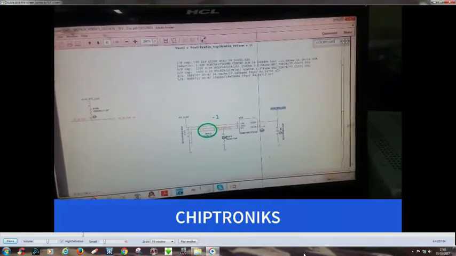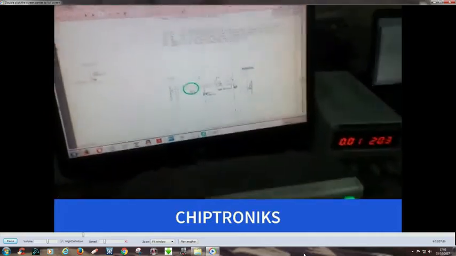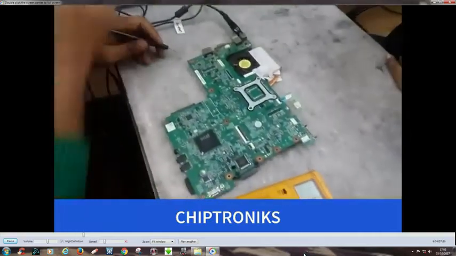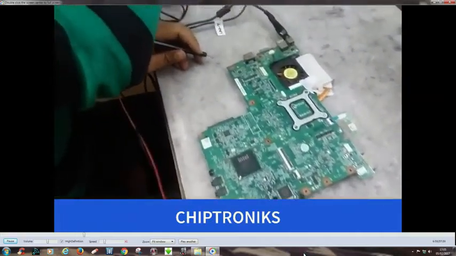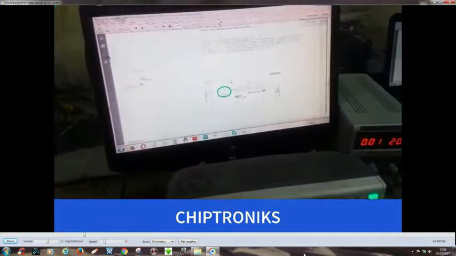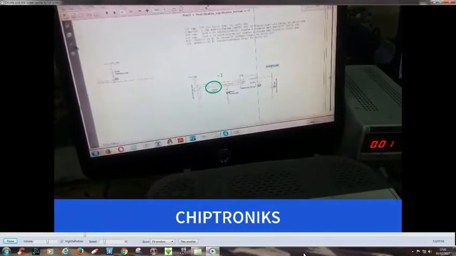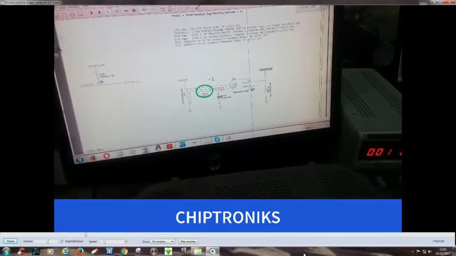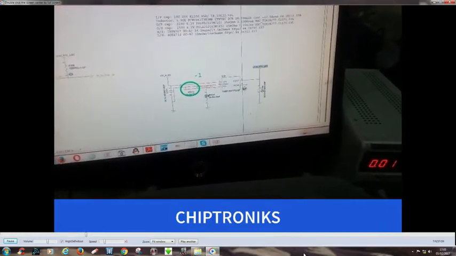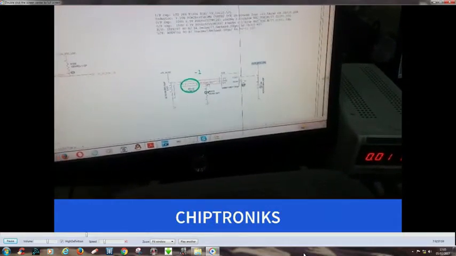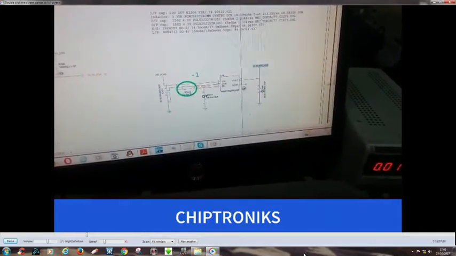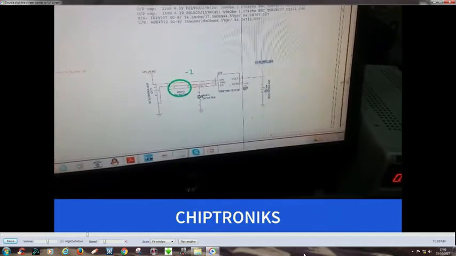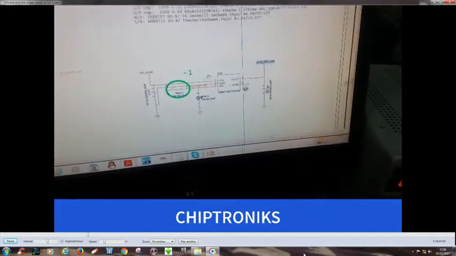So let's check this U19 IC. U19 is a 5-pin IC, and you can see the input is connected to plus 5 volt. So we have to check whether 5 volt is over here or not, and enable is also 5V ALW2. So at pin number 1 and 3 it should have 5 volt.